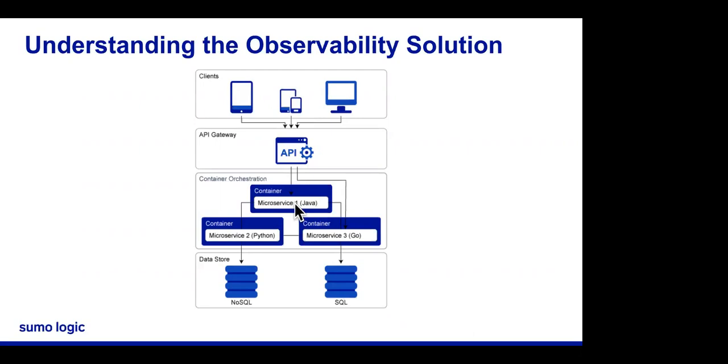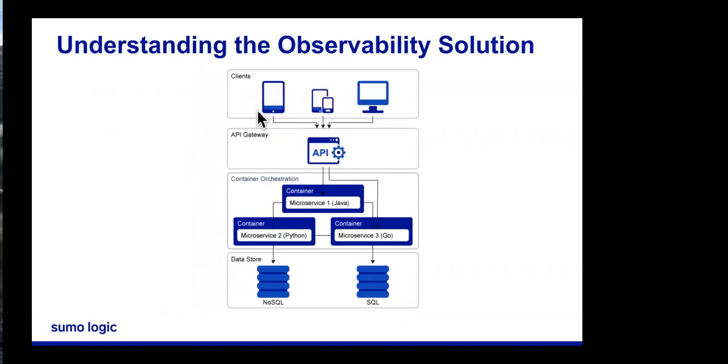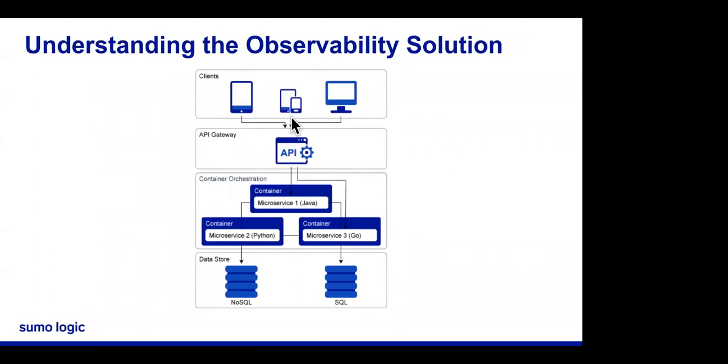Some sort of pod, some sort of service, whatever. And that service could be running under Java, Python, whatever it's running. And again, you've got a multitude of services across your different environments. And then you've got some sort of a gateway here that connects to your client, whether your client is running from a computer or a mobile device, running through the web, however it's running.